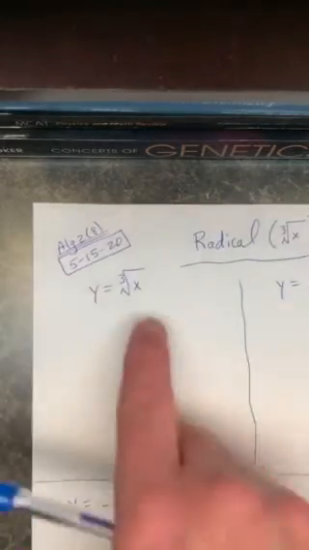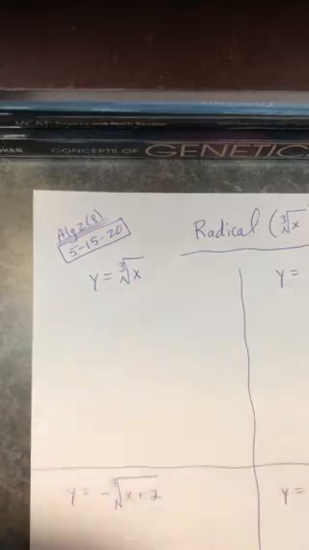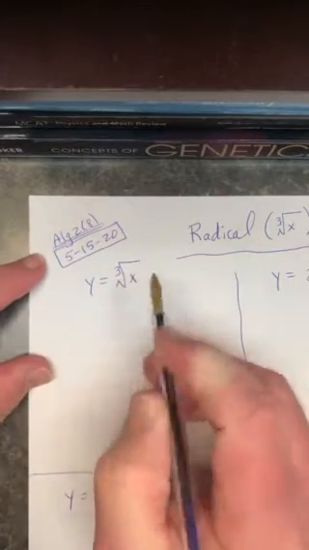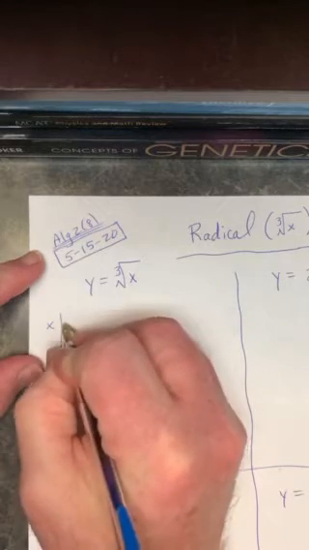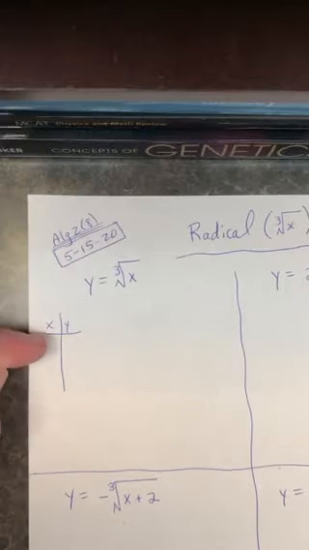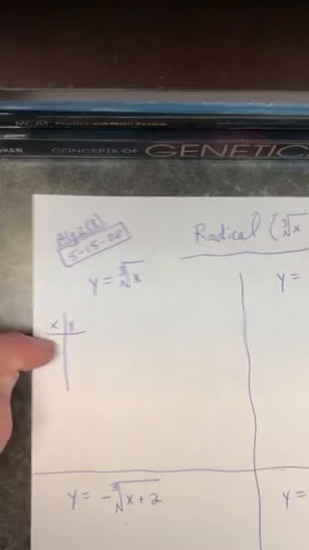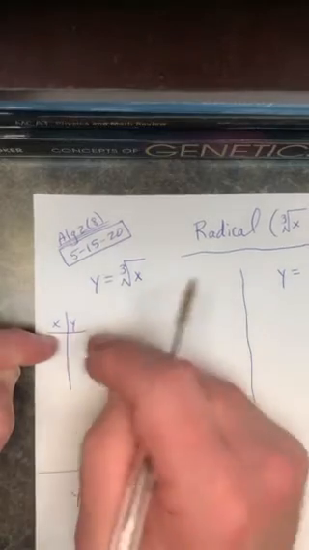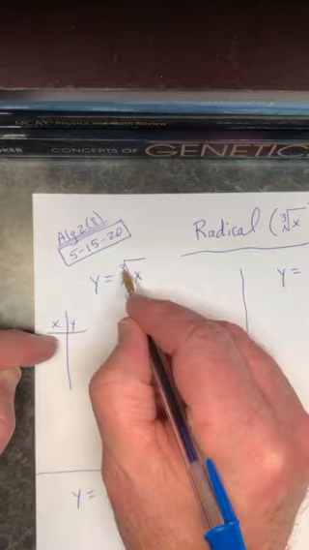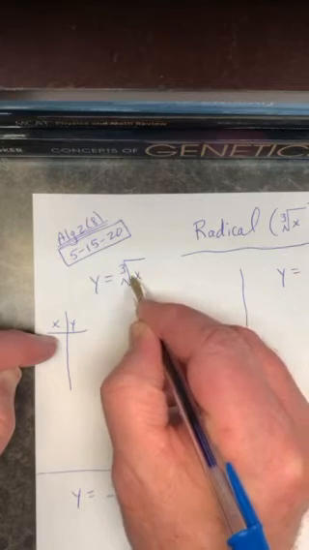Let's graph a cube root function. Number 1 is just good old cube root of x. You are going to make a quick table. And guys, here's the good news. Just like yesterday, how do you know what number to plug in first? You plug in whatever number causes this cube root box to end up with a 0 inside of it.